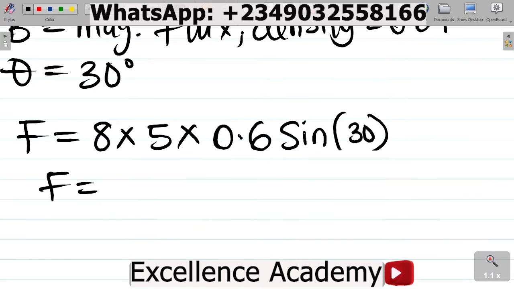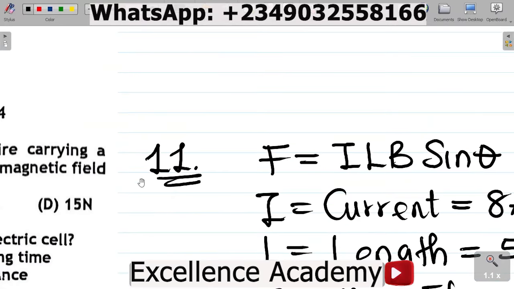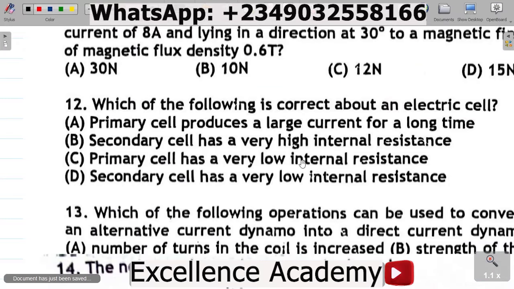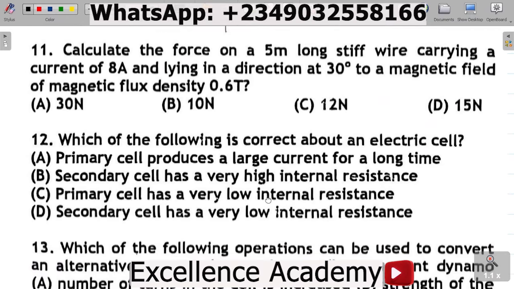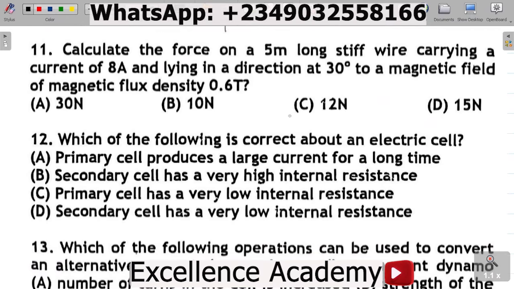So I'll get my calculator and punch 8 times 5 times 0.6 times sine of 30. My answer here is 12. Don't forget that F means force, and force is measured in Newton. So F is equal to 12 Newton, which is option C.